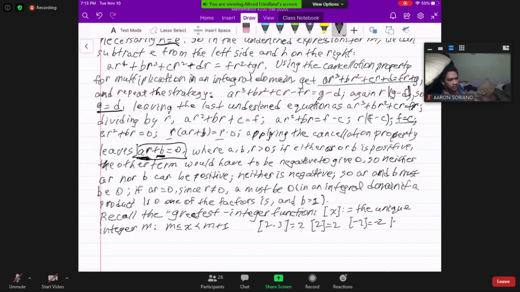But suppose we take negative 2.3 in brackets, the greatest integer less than or equal to negative 2.3, if you think of this on the number line, is negative 3. So just recall that, and let's leave it at that for now, and I will come back to you and chat with you a little bit if you want.